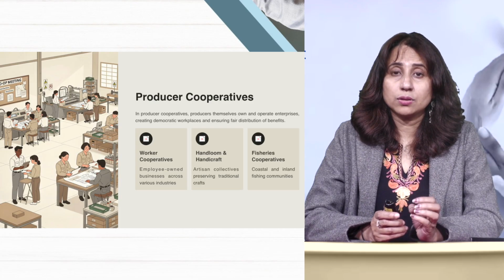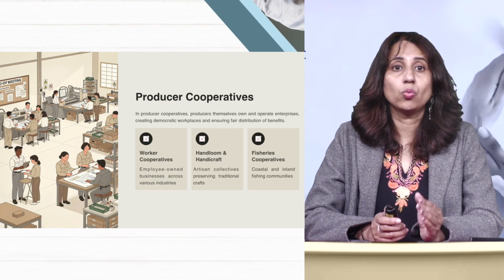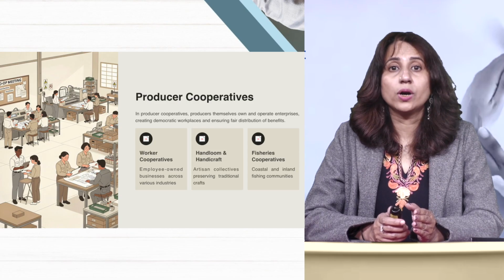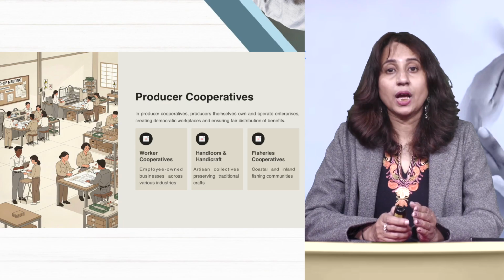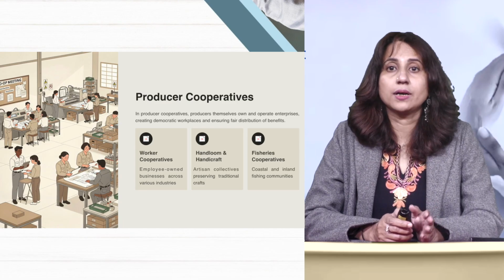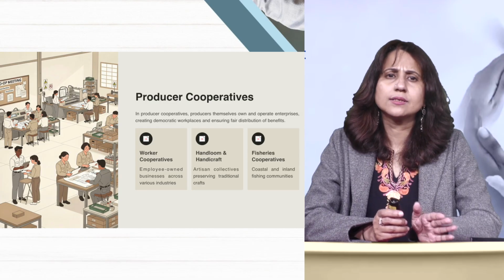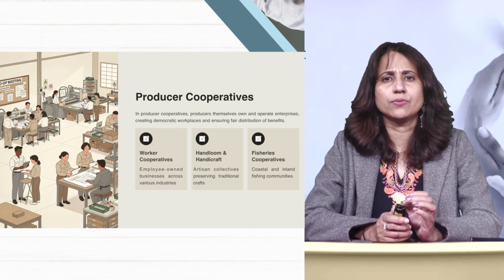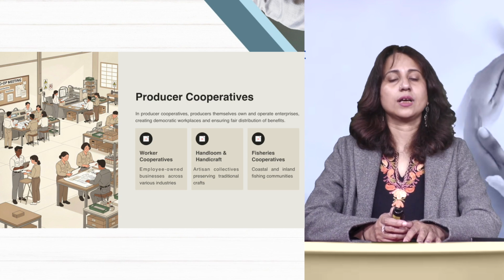The structure is that worker cooperatives follow the one worker, one vote principle regardless of position or capital contribution. Workers elect the management committee, approve strategic decisions, and participate in governance. This democratic workplace governance distinguishes worker cooperatives from traditional hierarchical organizations.